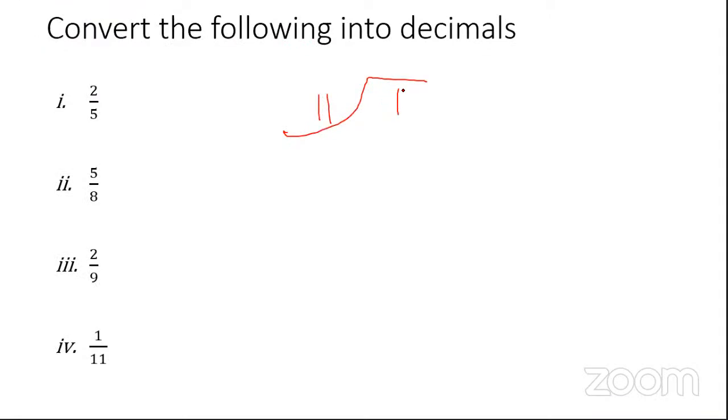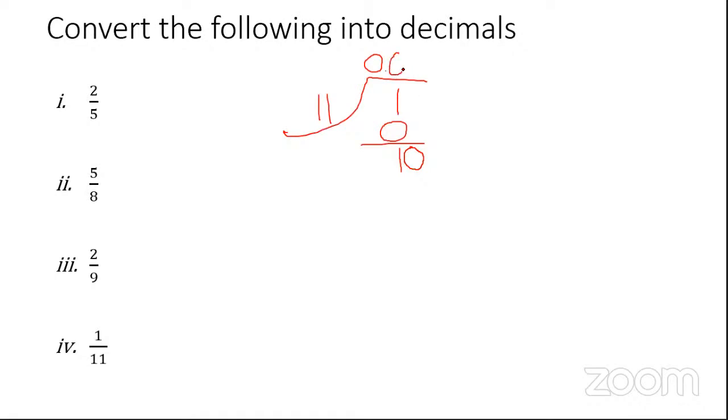1 divided by 11. 0 times 11 is 0. We subtract and remain with 1. Put our decimal point there. 10 divided by 11, 0, remained at 10.